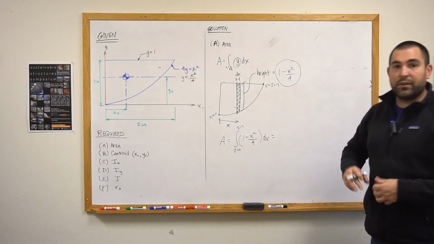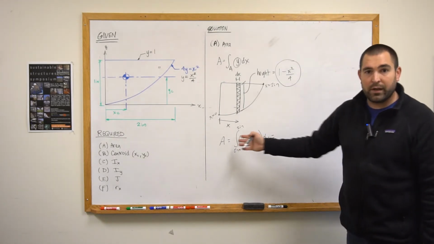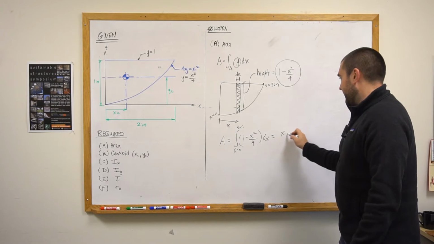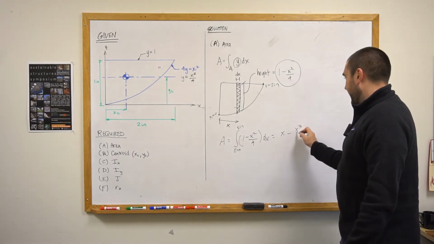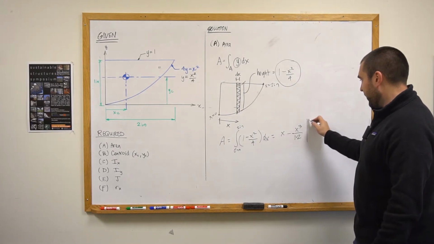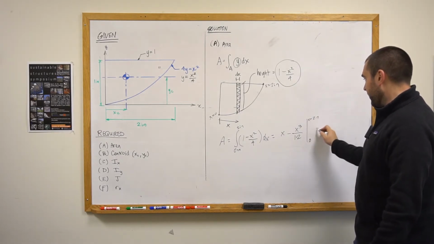dx. And then this is simply power rule, right? If I just look at this, it's a polynomial, and I will get x minus x cubed divided by 12, and that'll be evaluated at x equals 2 inches and at x equals 0.